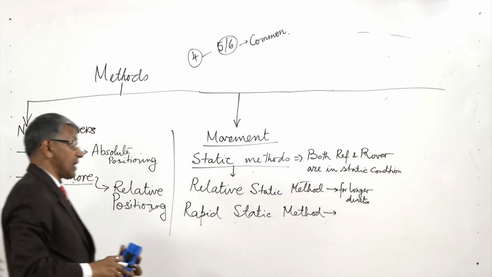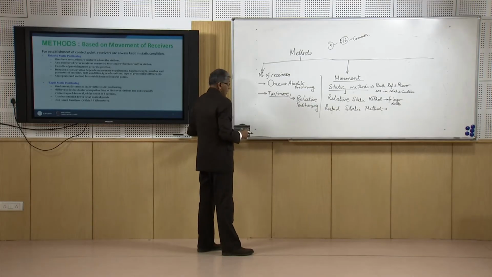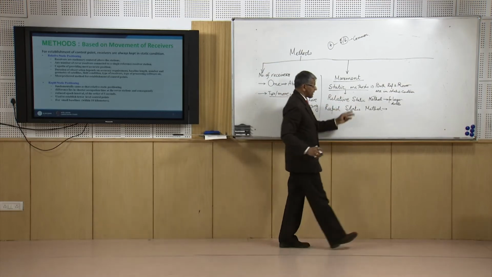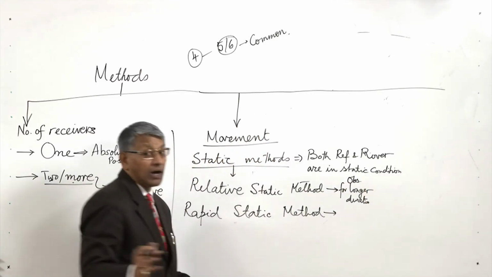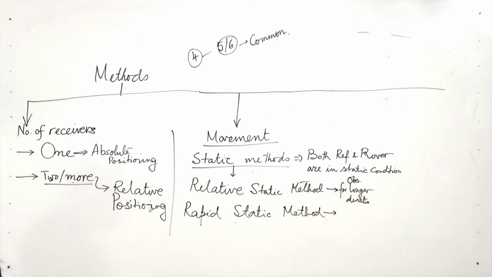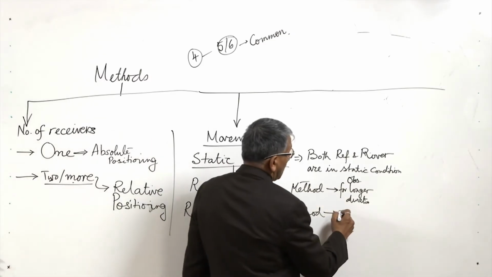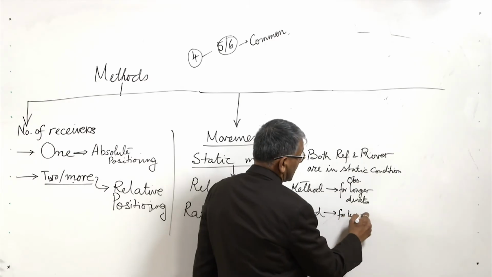So this is the main thing about the static method. In the relative static method, the observation is for longer duration, and in the rapid static method we go for less duration observation.